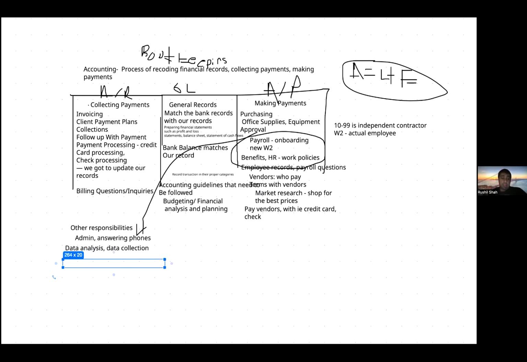This is actually a part of accounting because accountants know how the system needs to work, and how things can be automated, and they need to know the technology behind that. So I guess this would fall in the responsibilities as well.